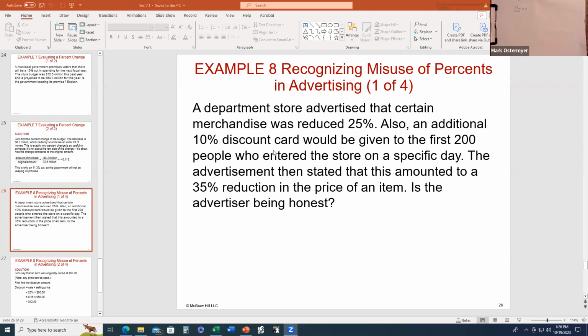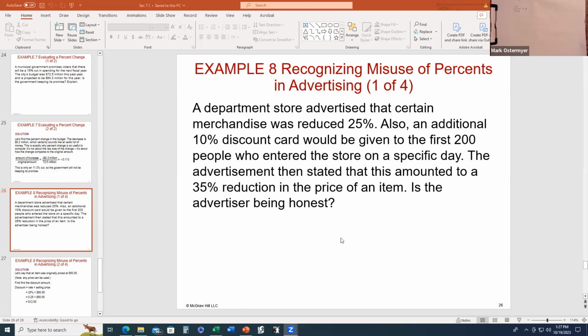Also, an additional 10% discount card would be given for the first 200 people who entered the store on a specific day. The advertisement, therefore, would state that this amounted to a 35% reduction in the price of an item. Is this advertisement being honest here?